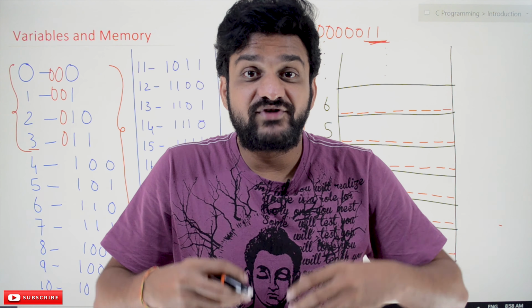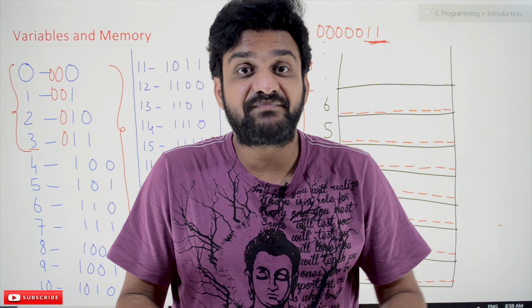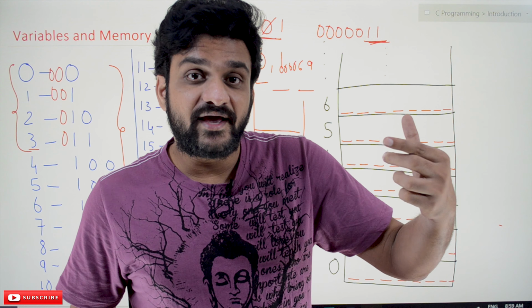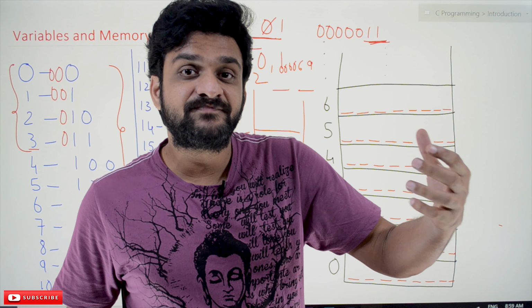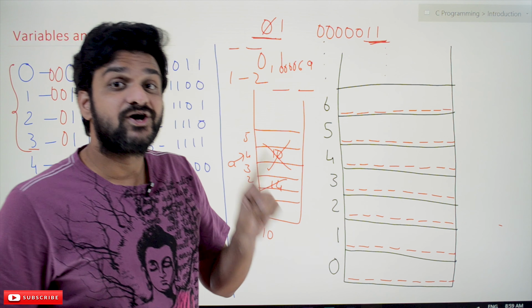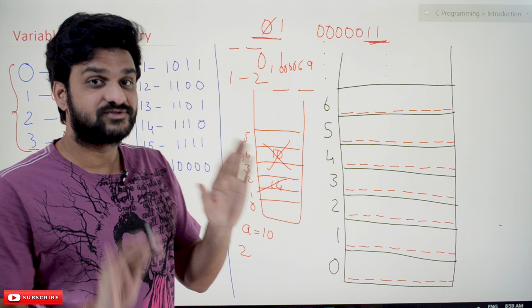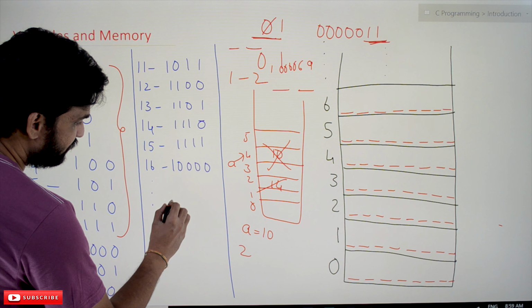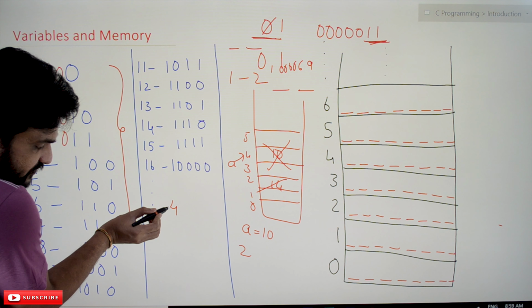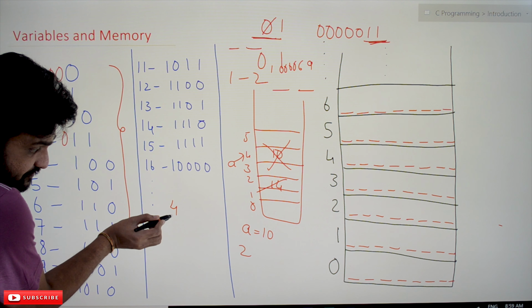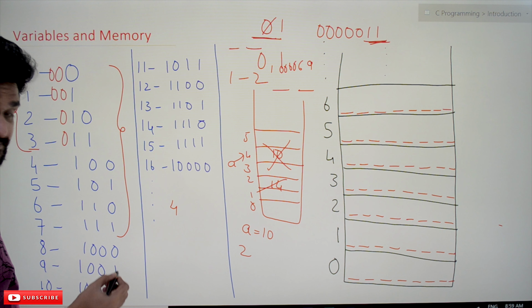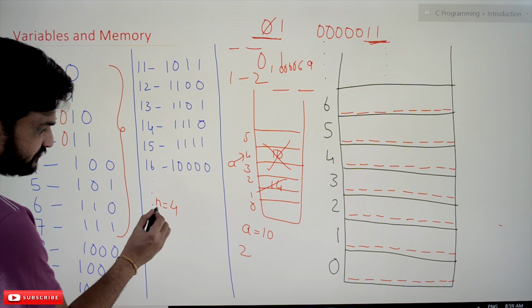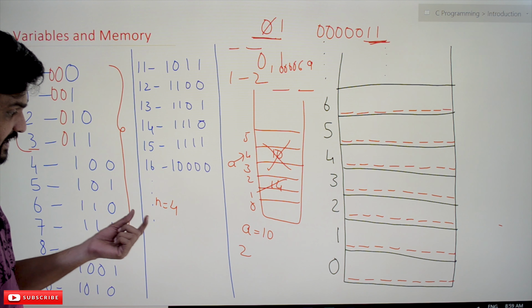The number of decimal numbers that can be represented by using n number of bits is 2 power n. Let's try to understand this point again. For example, if we have 4 bits, here n is equal to 4.